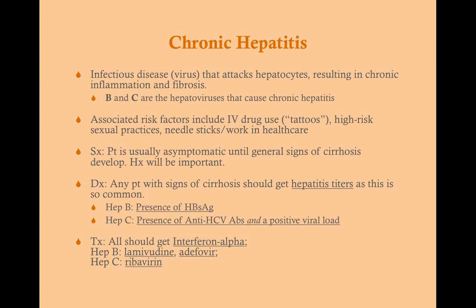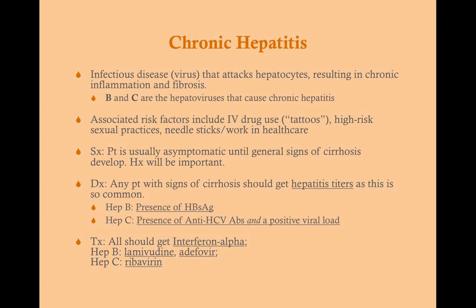So you'll get your hepatitis B antigens and antibodies and your hepatitis C antibodies. You definitely want to diagnose out chronic hepatitis from alcoholic hepatitis, because there's medication we can give for chronic hepatitis which would be effective in treating some of the symptoms. So any patients with signs of cirrhosis should get hepatitis titers, because this is actually relatively common. It's not as common as alcoholic hepatitis, but it is out there.